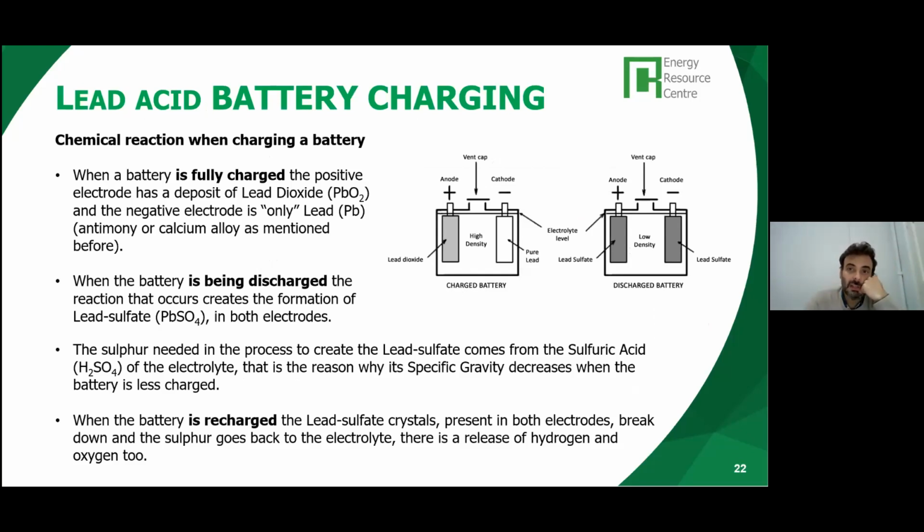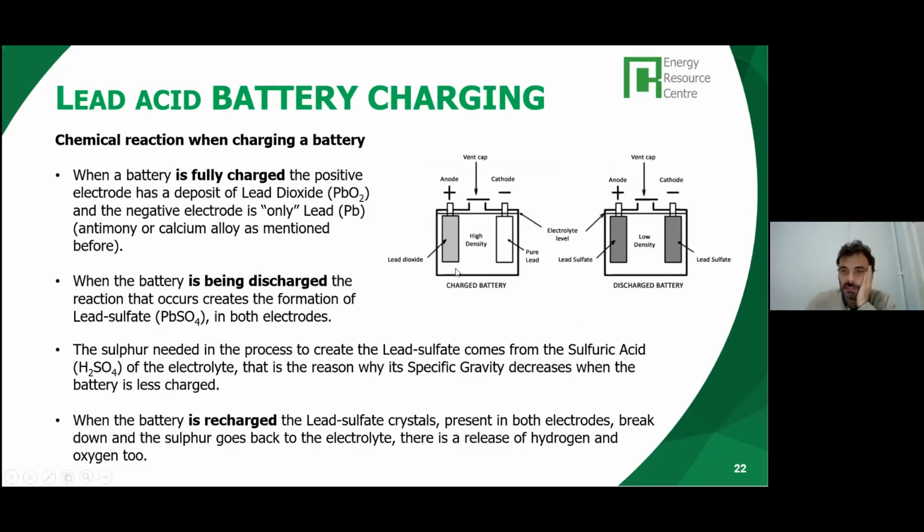Very quickly, what happens inside a battery? We have a chemical reaction. Engineer Antolin told us. So essentially, let's start by saying that when the battery is completely charged, the positive electrode, the cathode, has a deposit of lead dioxide.